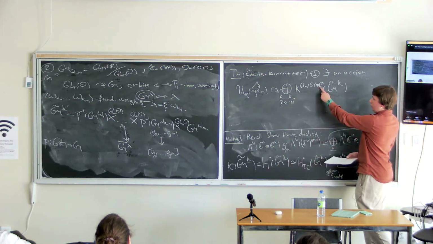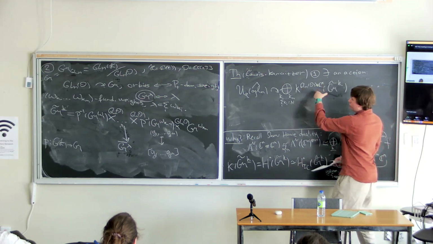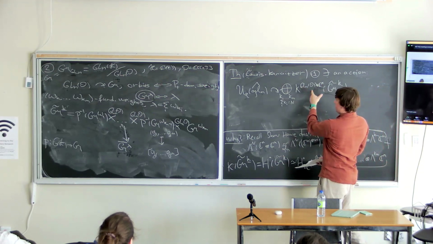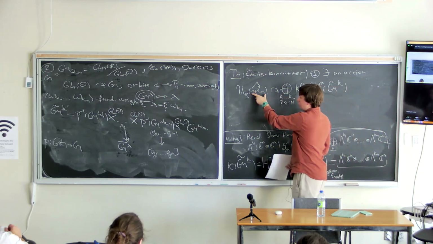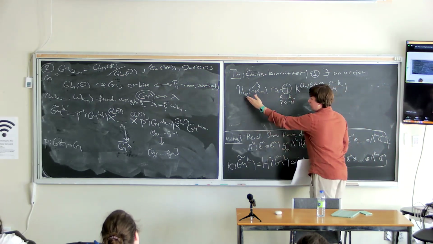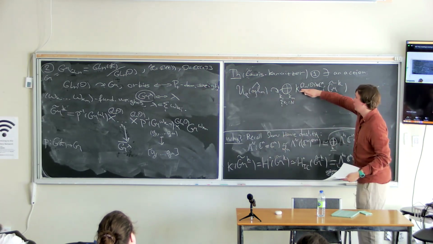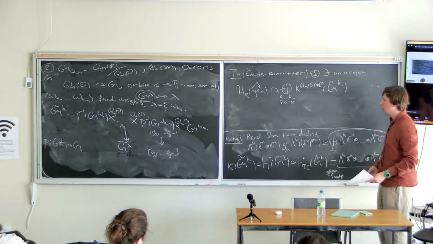But here we have this quantum deformation because of this C star, and also this deformation over this. So it actually turns out that it yields an action of an affine quantum group on this space because of this additional covariance.